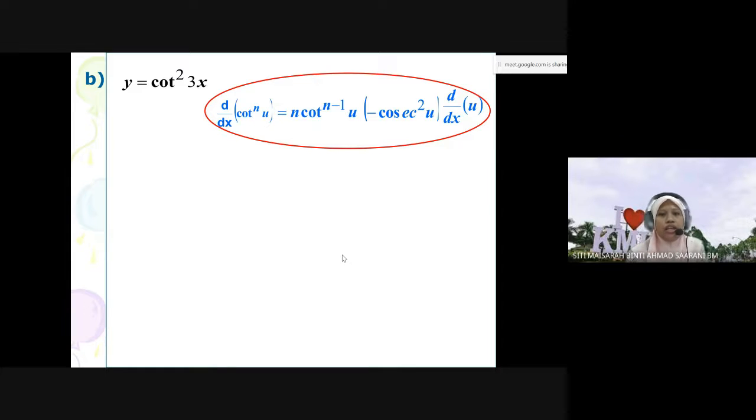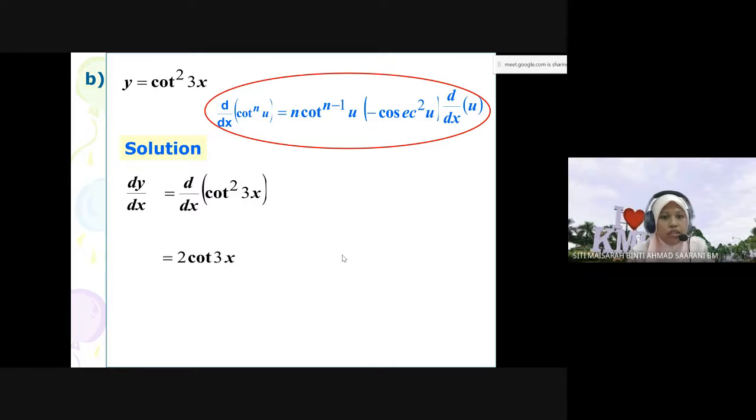Okay, so jadi dia sama dengan pattern A. Tadi dia akan jadi bertingkat-tingkat. First kita bawa turun dia punya kuasa. Kuasa dia 2. So then dia akan jadi 2 cot. Cot kuasa 2 tu tolak 1. So then it becomes 2 cot 3x. Cot kuasa 1 tu cot 3x lah. Okay, 2 cot 3x. Ni step 1, step 2.